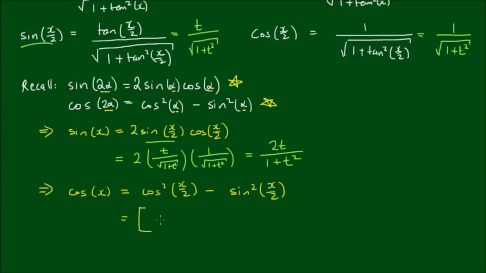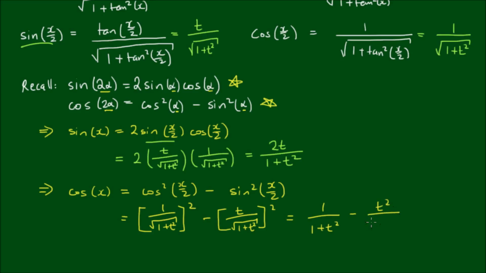So here we have 1 on the square root of 1 plus t squared, all squared, minus t divided by the square root of 1 plus t squared, all squared, and this equals 1 on 1 plus t squared minus t squared on 1 plus t squared, which simplifies to 1 minus t squared divided by 1 plus t squared.